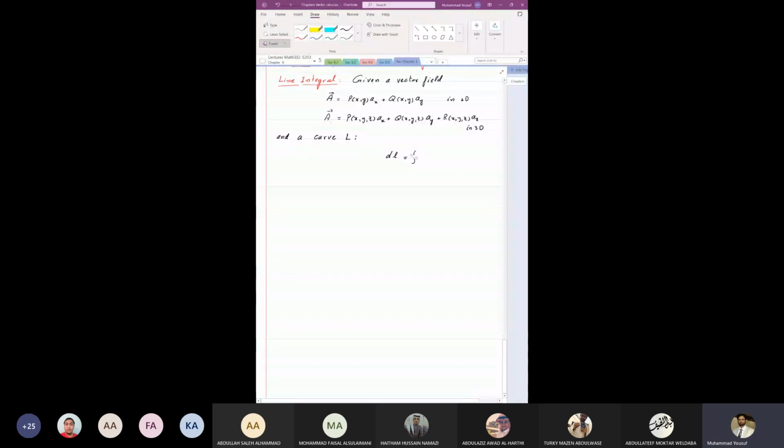So let me write it. First, a curve L, for example. This is the curve L, from a point, let us give it a name, A, to a point B. A, B we are using there. What other name should we give them? P, Q we are using.